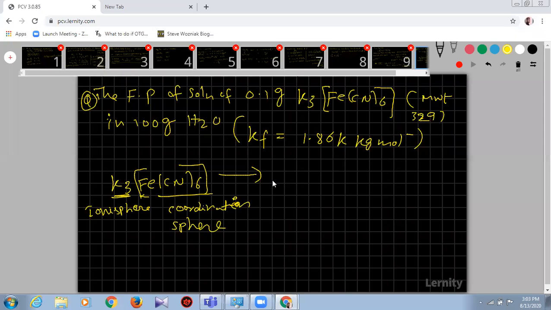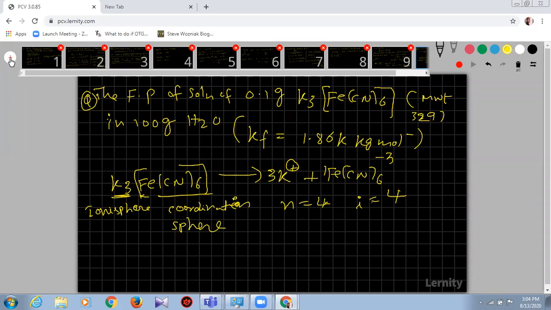So you get 3K plus, plus Fe(CN)6 3 minus. That means n is equal to 4. With 100% dissociation, i would be equal to the n value, that is i equal to 4.